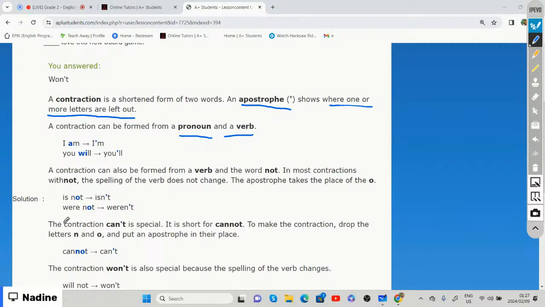So we see the contraction can also be formed from a verb as well as the word not.